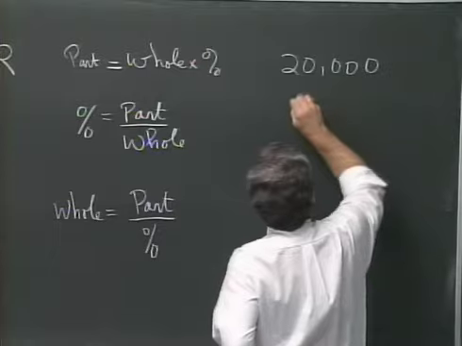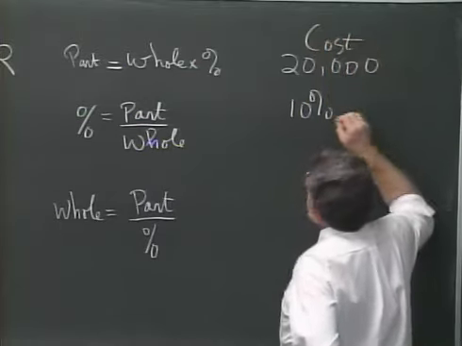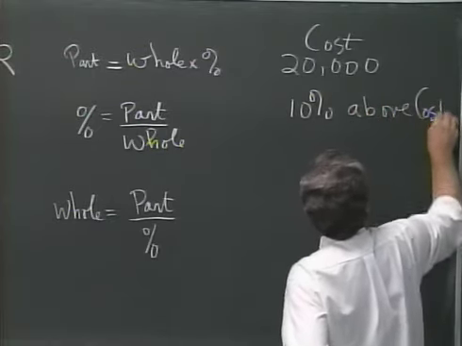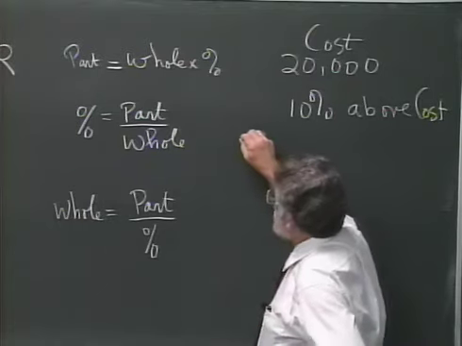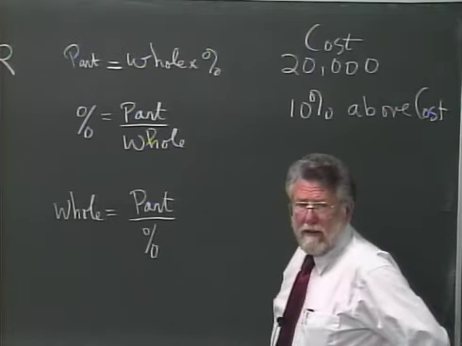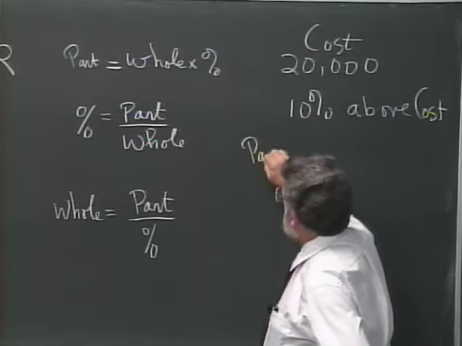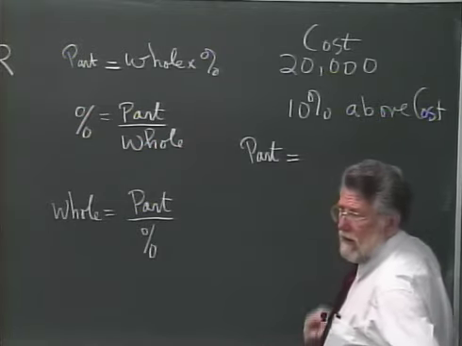Okay, and it's a 10%. So this is cost, and it's 10% above cost. So the increase you're going to pay is, so we want what? Part, whole, or rate? We want the part above that you pay. So that is the setup.